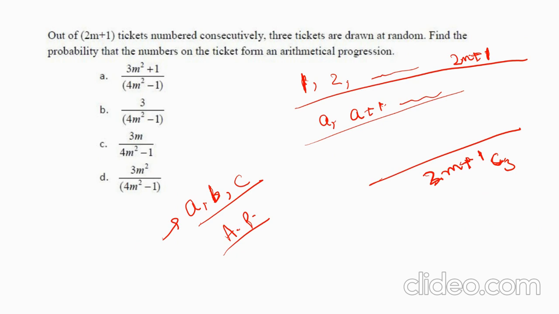So the difference will be B minus A. So the condition we will have is B minus A, and the difference is same, so it will be C minus B. So the condition we have here is that 2B is equal to A plus C. Remember, this was the property for arithmetic progression. If we have any three numbers in arithmetic progression, then A plus C is equal to 2B.